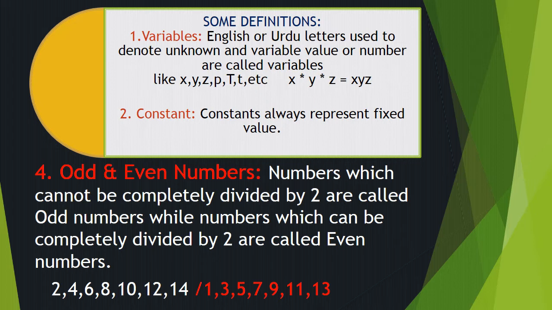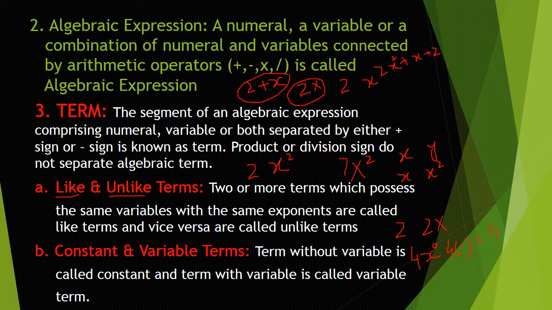Coming to the algebraic expressions. What are algebraic expressions? Algebraic expressions are actually numerals or variables or a combination of numbers and variables which are connected with each other through arithmetic operators.